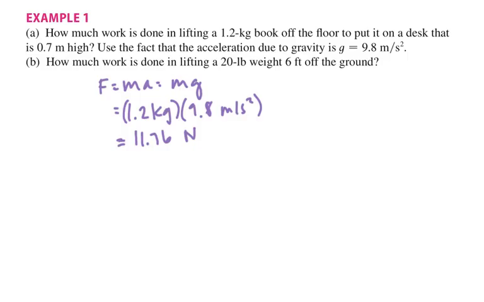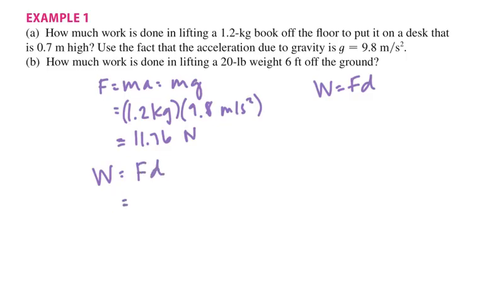So go back to the problem. It doesn't ask for the force. It says how much work is done. So remember that work equals the force times the distance moved. That's why we started with the force. So now we're going to say work equals force times distance.